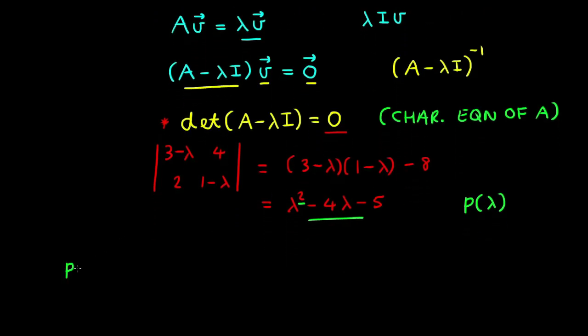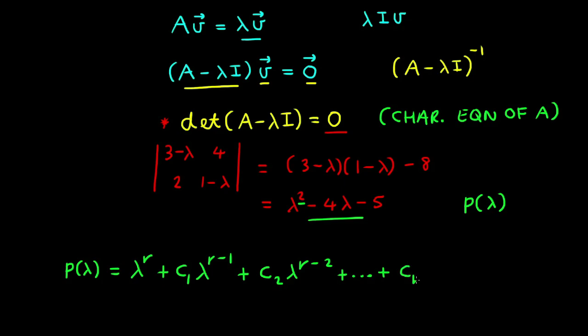So in general, the characteristic polynomial is equal to lambda to the power of R plus some constant by lambda to the R minus 1 plus another constant by lambda to the R minus 2, and so on up to the final constant CR.